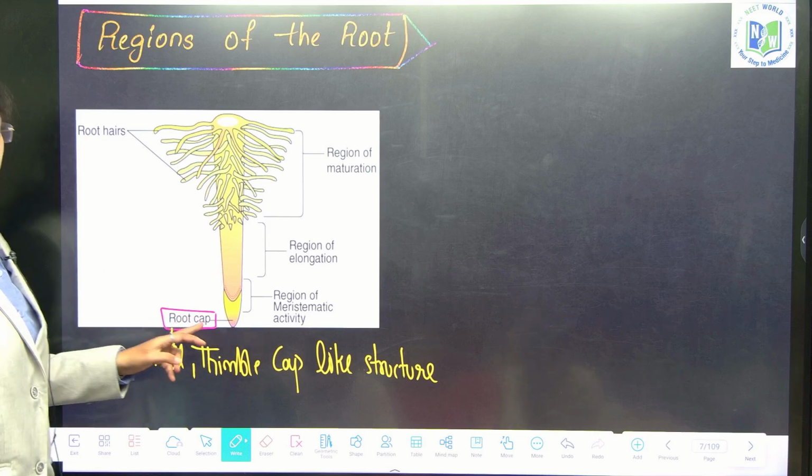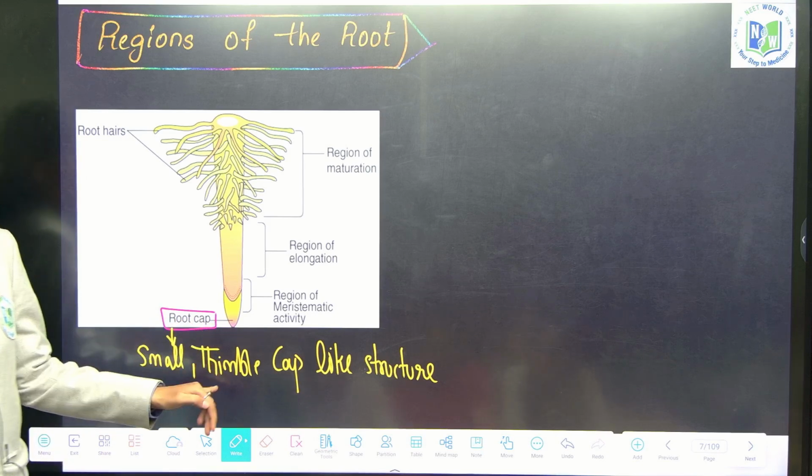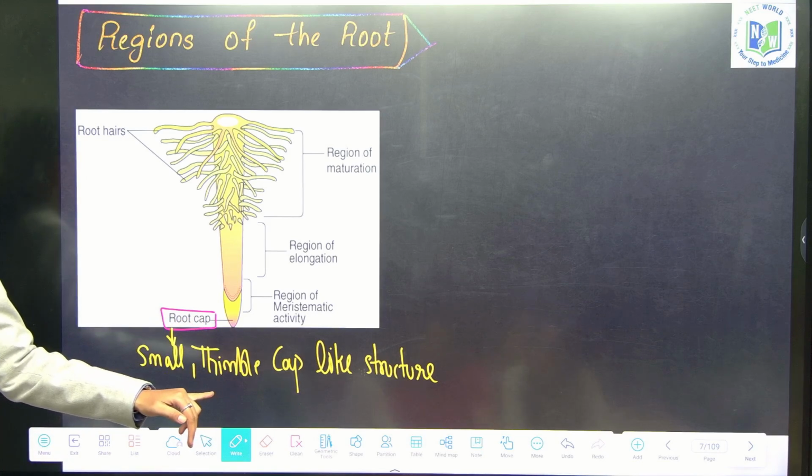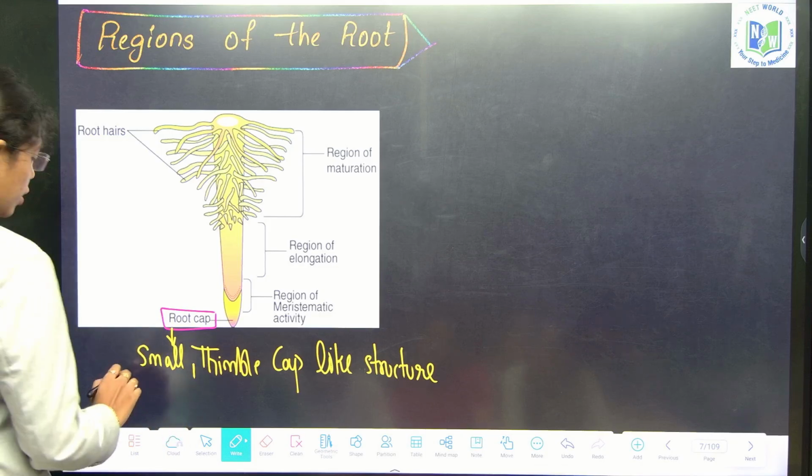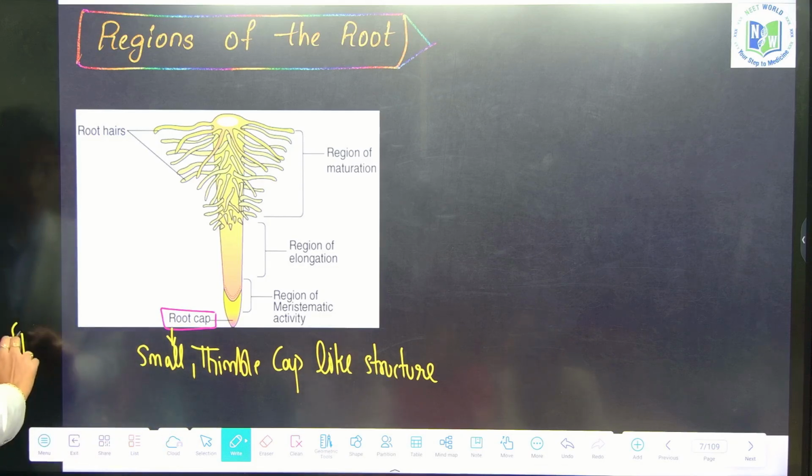Listen, root cap is a small thimble cap-like structure. This is of what tissue? Parenchymatous.